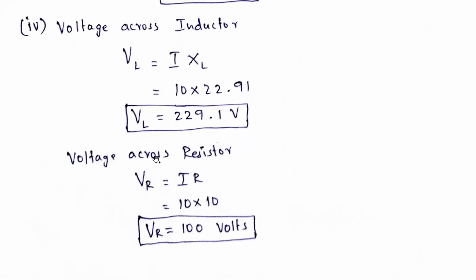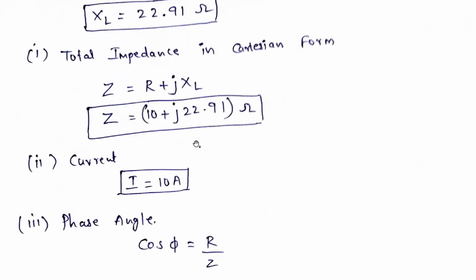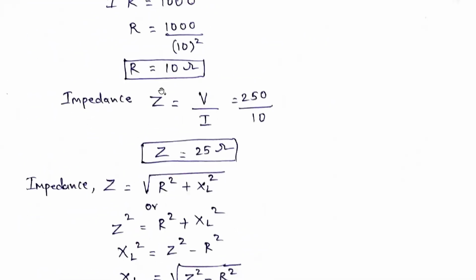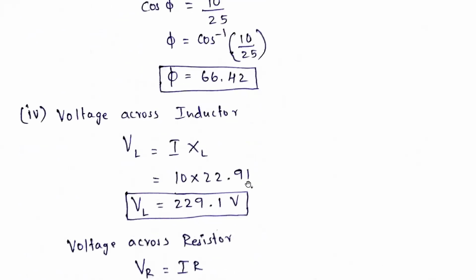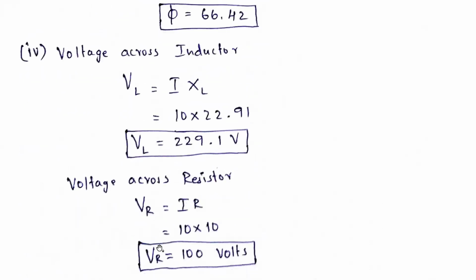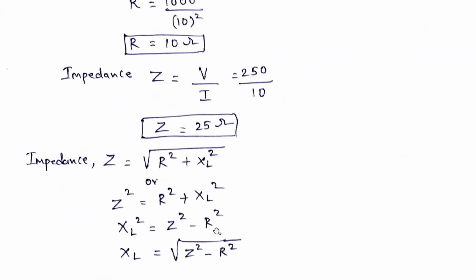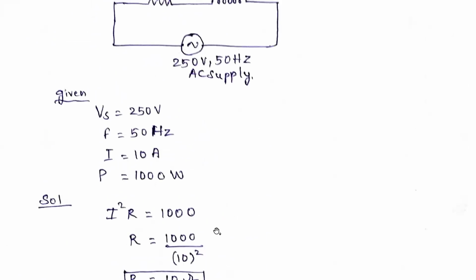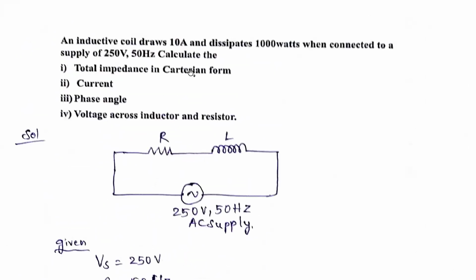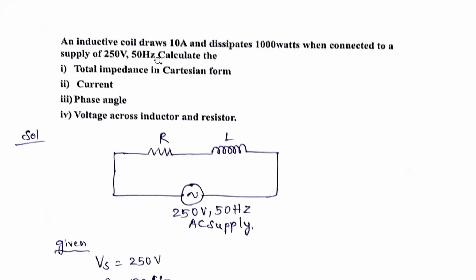VR is equal to I into R. I is 10 and resistance R is also 10. Substituting, we get 100 volts. So the voltage across the resistor is 100 volts. Very simple problem, just direct formula substitution. This is how you need to solve an RL series circuit connected to an AC supply.